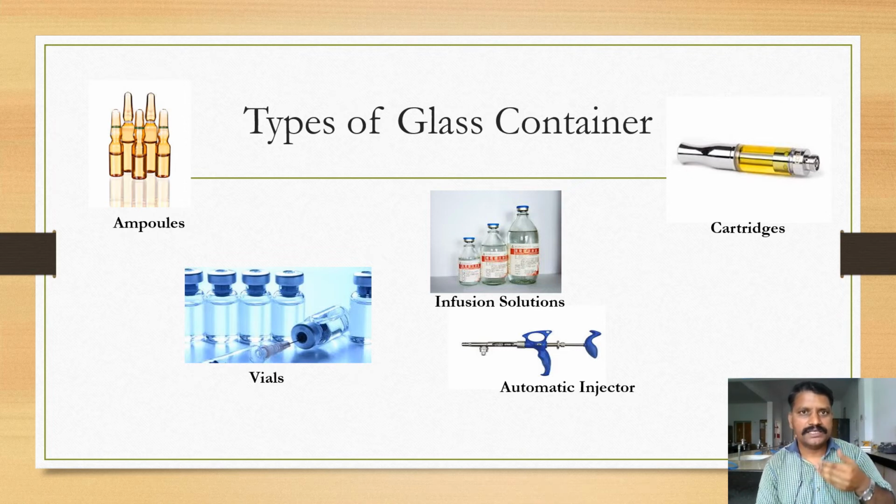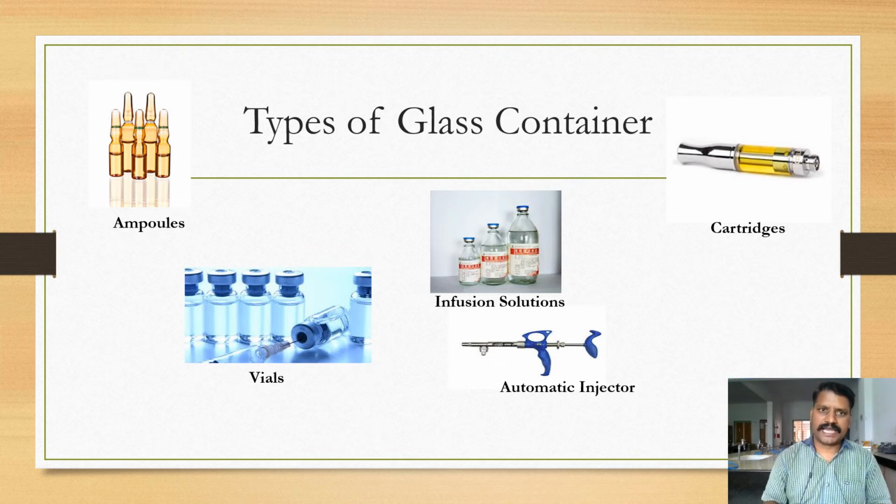So these are some limitations of the ampoules. Therefore nowadays the parenteral preparations are available in the market in pre-filled syringes. So this is the reason for introducing pre-filled syringes in the market.